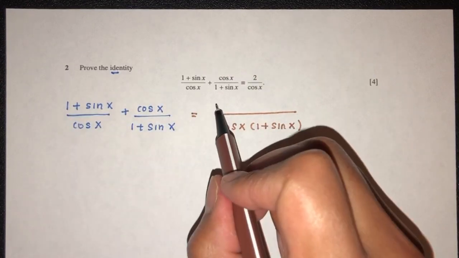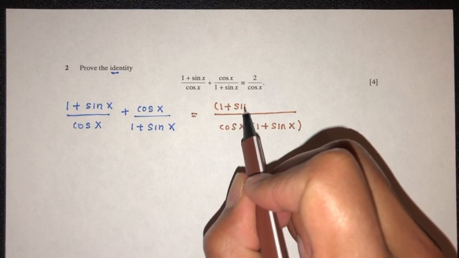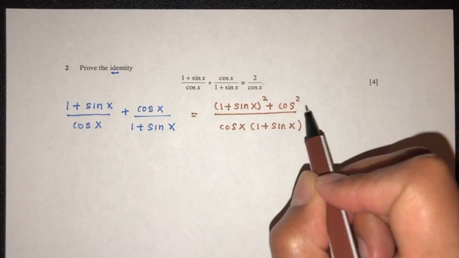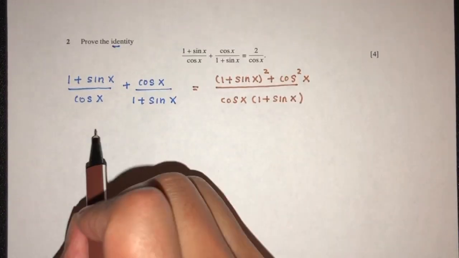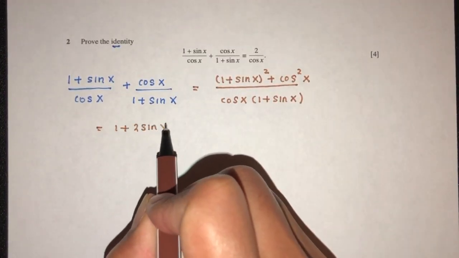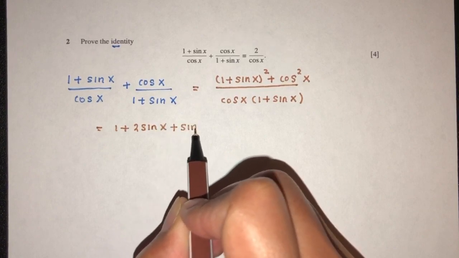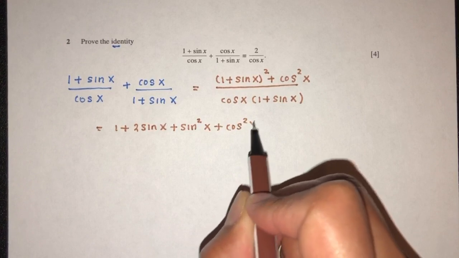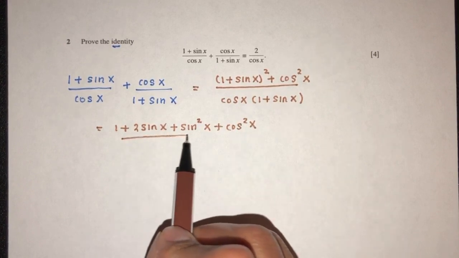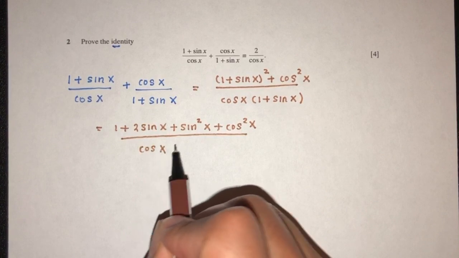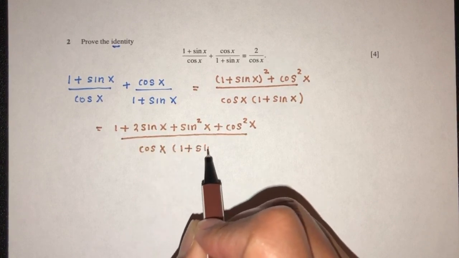Then cross multiply, you will have 1 plus sin x squared plus cos square x. Simplify. 1 plus 2 sin x plus sin square x plus cos square x. That will become over cos x and 1 plus sin x.